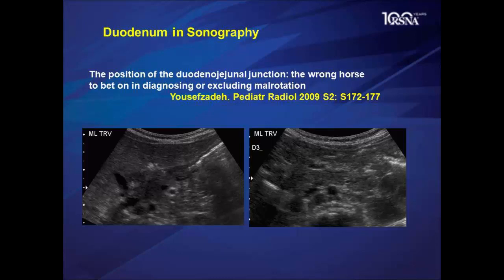And here is an example where we see the third portion of duodenum crossing the midline to come to the left of the spine.